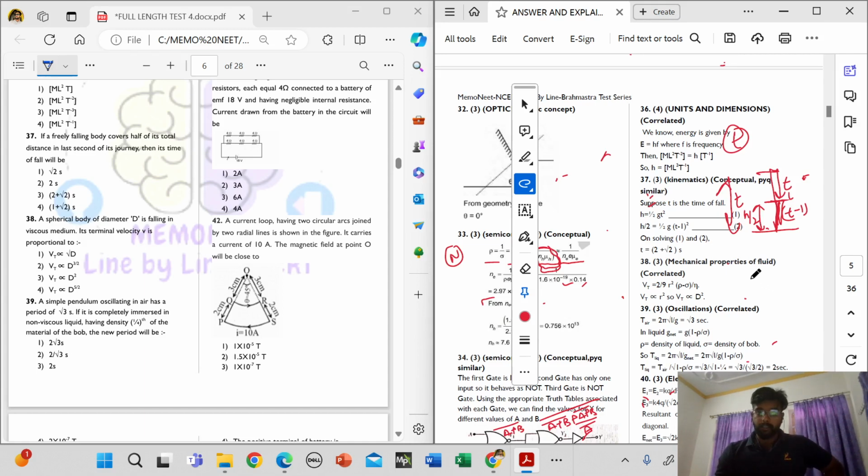We have this spherical body of diameter d. It is falling in the viscous medium. So what will be its terminal velocity?